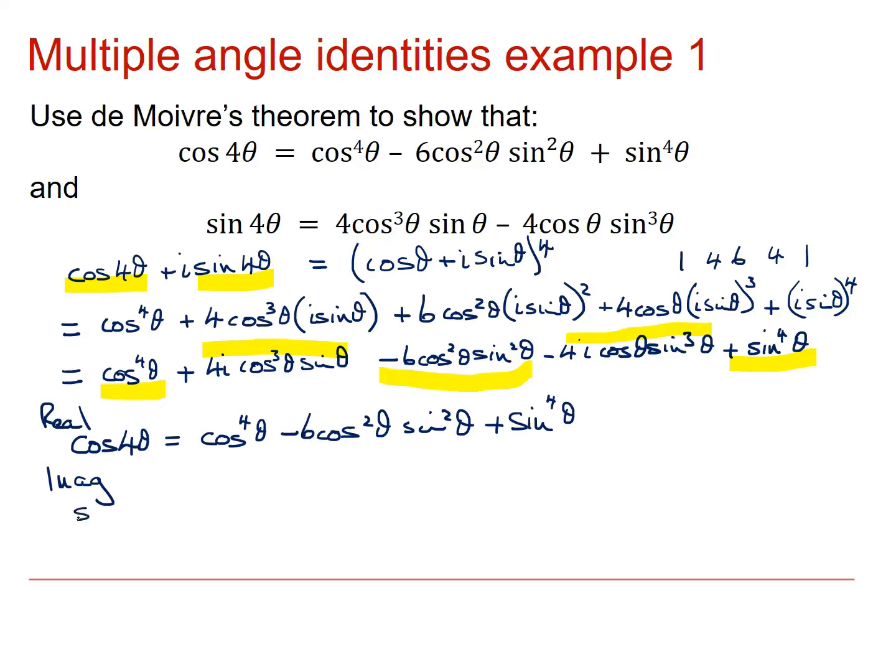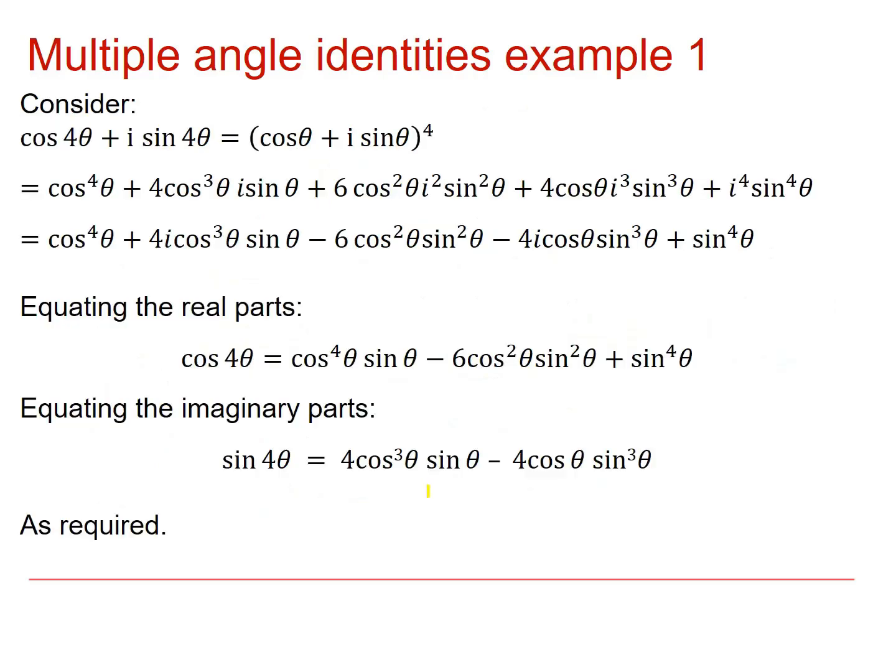So I'm going to get sine 4 theta is equal to the coefficient of i here, which is 4 cos cubed theta sine theta minus 4 cos theta sine cubed theta. And if you look at those two, those are the same as the expressions we've got up here.